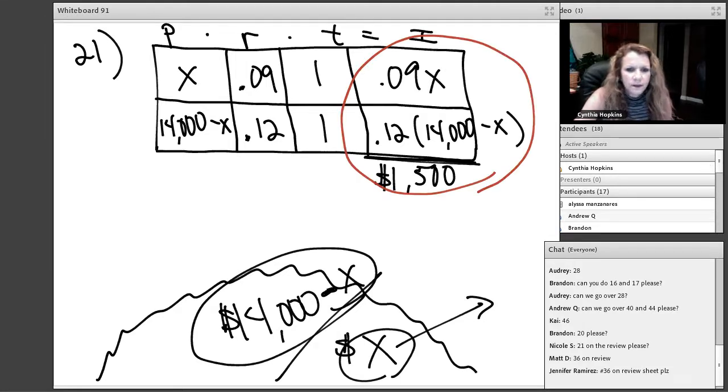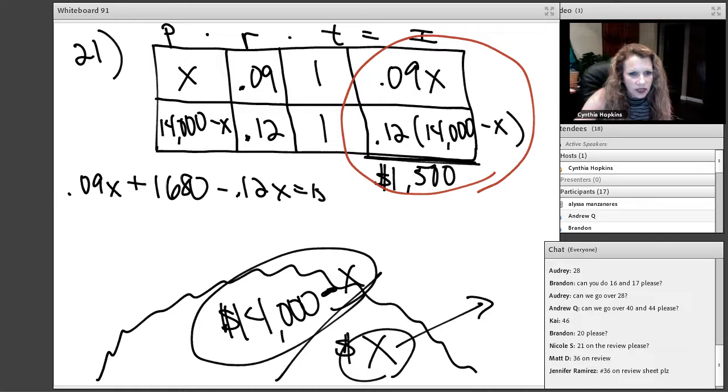Very, very easy. Okay, let's do the algebra for this. So I have 0.09x plus, now I'm going to do a little bit of calculating before I write down. So 0.12 times 14,000 is 1680 minus 0.12x equals 1500.